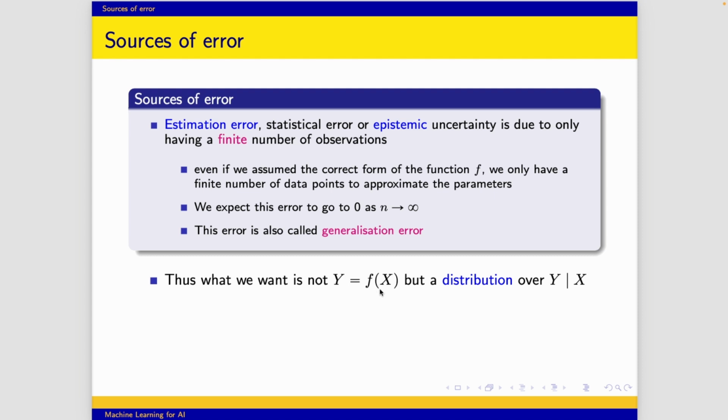Or we could say we're looking for a distribution over y given some value of x. If I give you a value of x, give me what you think is a good prediction of y. One way to achieve that would be if we had a distribution. Then we could use the mean, or the median, or a mode. There are different ways we could do it if we have a distribution.